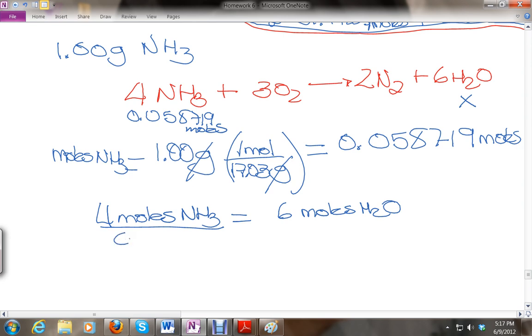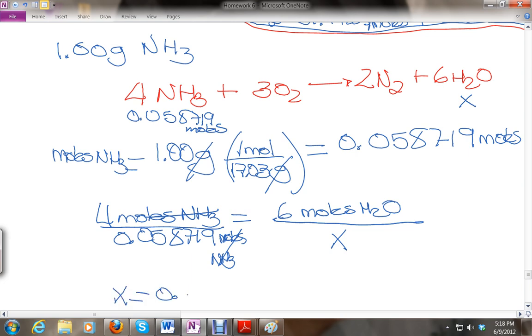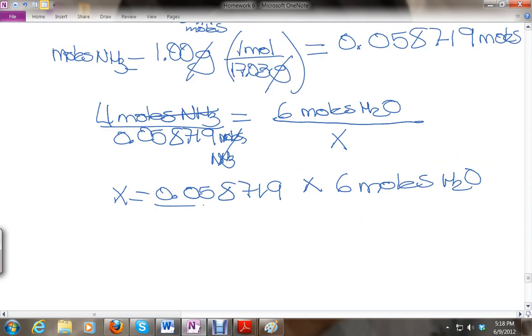If you have 0.7819 moles of ammonia, how many moles of water are you going to produce? So again, X would be 0.058719 multiplied by 6 moles of H2O divided by 4.